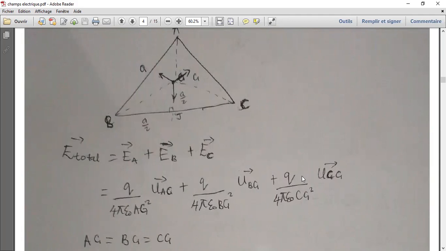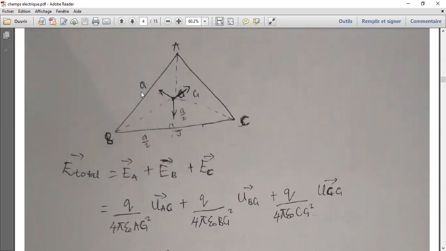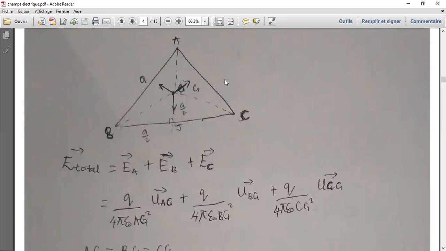I have to replace AG, BG, and CG by their values. And here they have told us that the distance between A and B is a, the distance between A and C is a also, and the distance between B and C is also a. This one is really important to note.